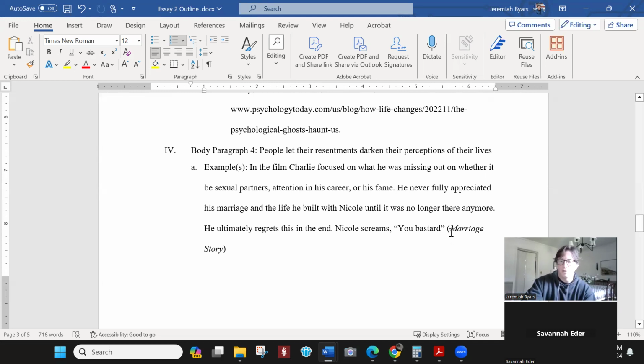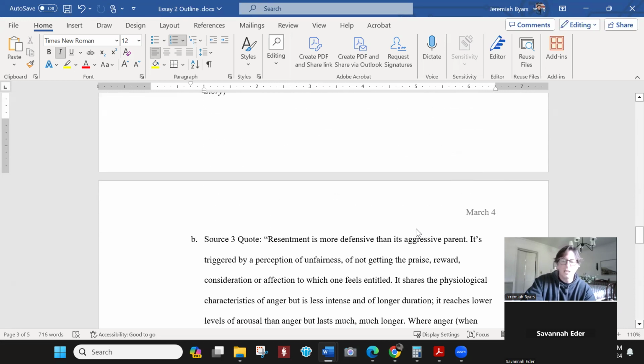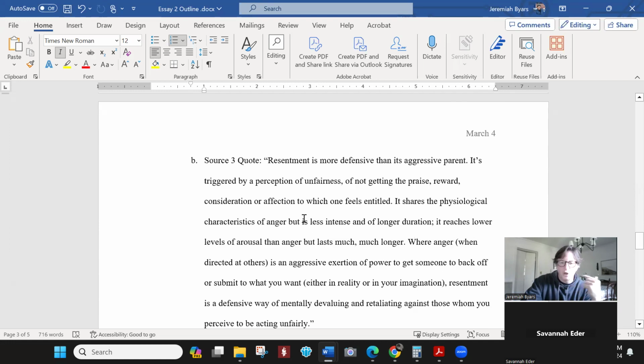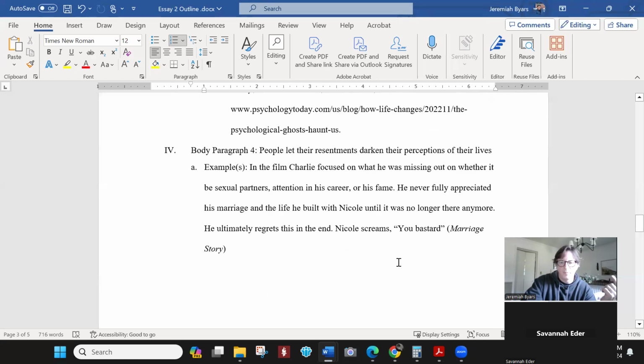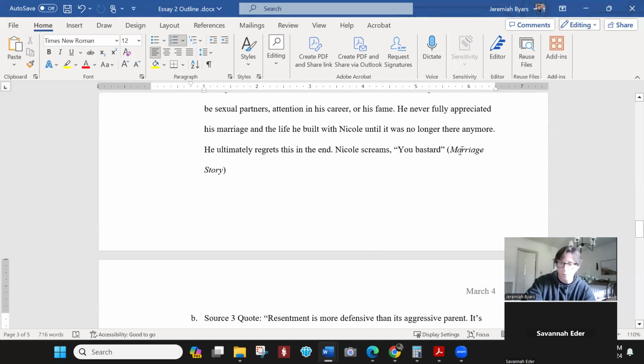If this paper was only about your film and nothing else, you wouldn't even really need to cite it because there's only one source. But because every paragraph is going to include a quote from a secondary source, you do need to cite when you are quoting from your secondary source or your primary source.